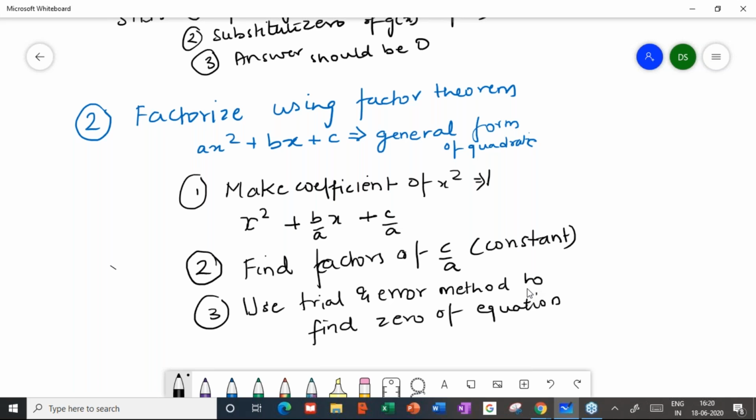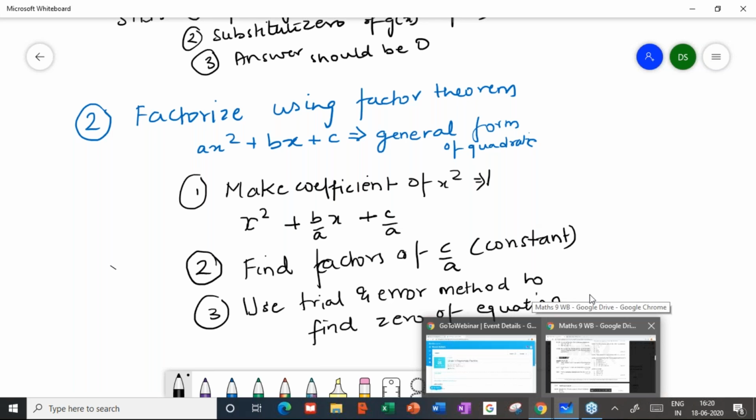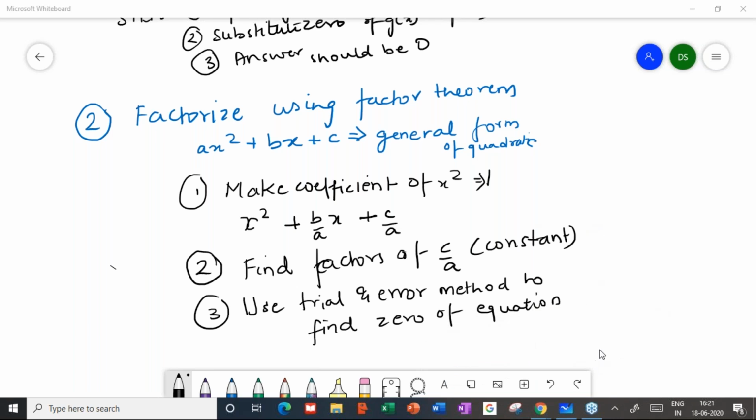I'm going to quickly take up a question and explain it to you how to do this, right? I'm not focusing on factor theorem because you said it's easy, so I'm going to discuss steps which are difficult, right? Okay, so you noted it down. Can I take up a question? Okay, yes.